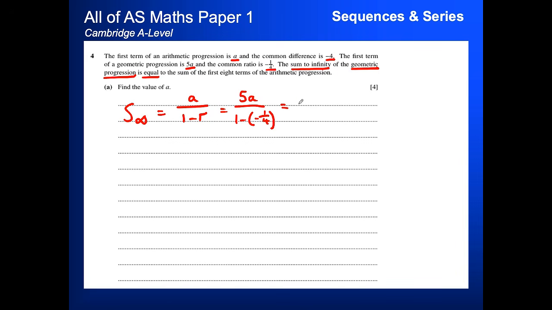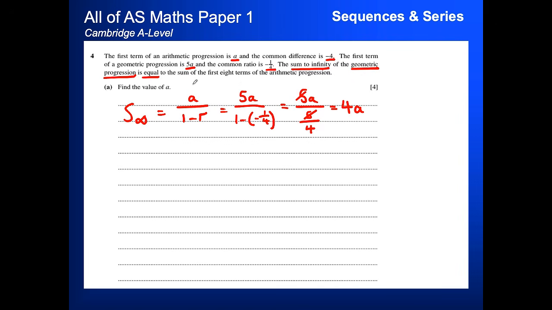If we do a little bit of simplifying here, so we get 5a over, well, 1 plus a quarter, that's going to be equal to 5 over 4. And we can actually cancel 5 top and bottom, bring the 4 to the top, and then we're equal to 4a. So the sum to infinity is equal to 4a.